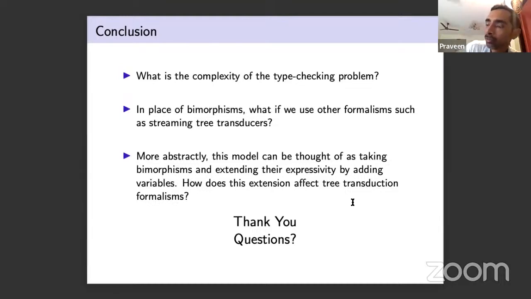On top of it, if we have non-linear morphisms, each child might have to be parsed with multiple copies. But in the case of linear morphisms, this fourth condition doesn't come. So we only have to run these three copies, which we might be able to do by just taking the Cartesian product of the three automata. So that might give us a better bound in the case of linear morphisms. Yeah, it might be possible.